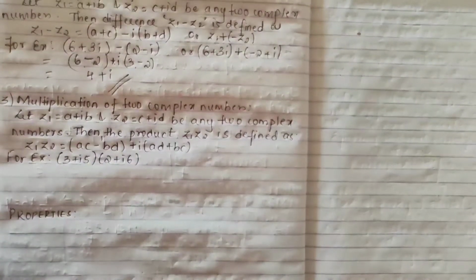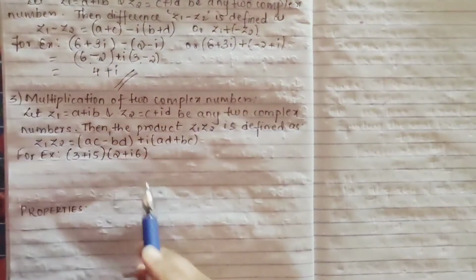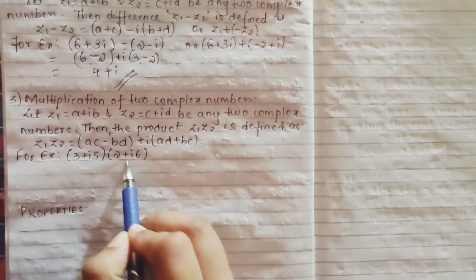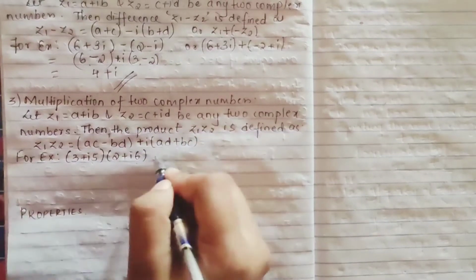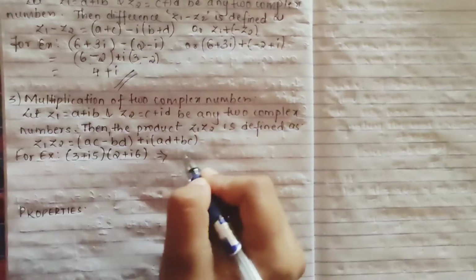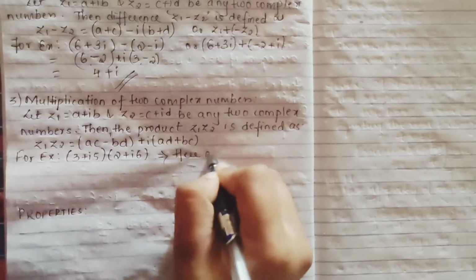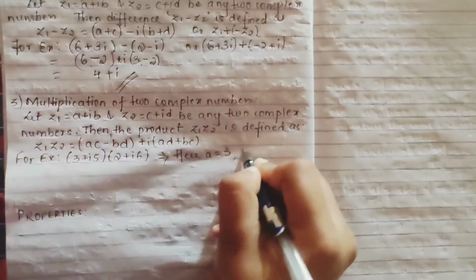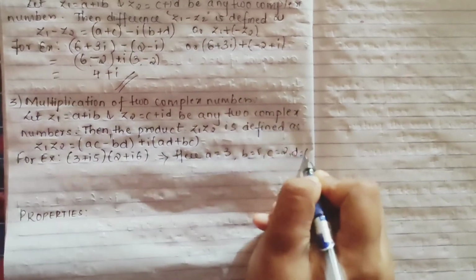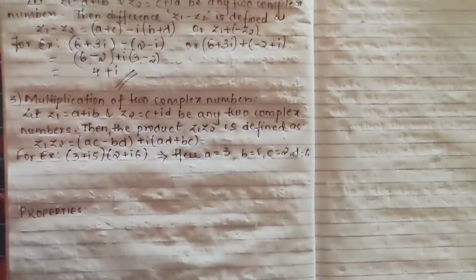For example, I have taken z1 as 3 plus i5 into z2 as 2 plus i6. This is the product, how do we do it? If you want, you write here, a is equal to 3, b is equal to 5, c is equal to 2, d is equal to 6. You have written your numbers.